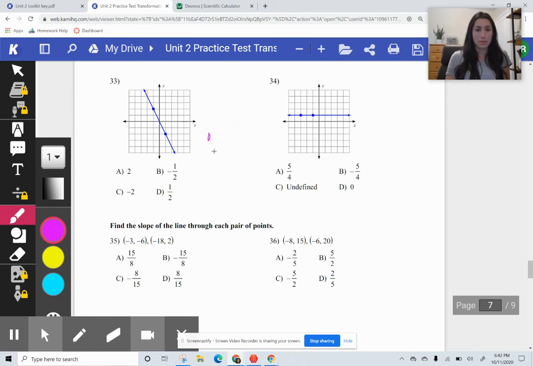All right, let's go to question 33. And then 34. What type of special slope is that?